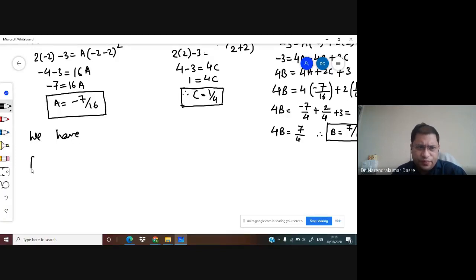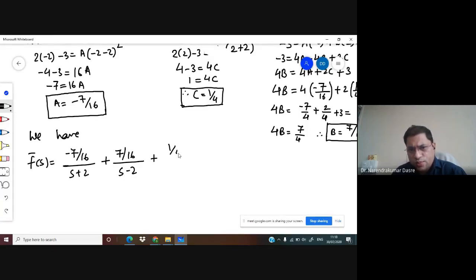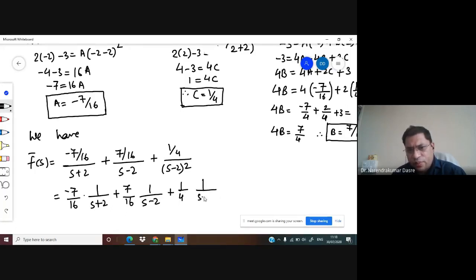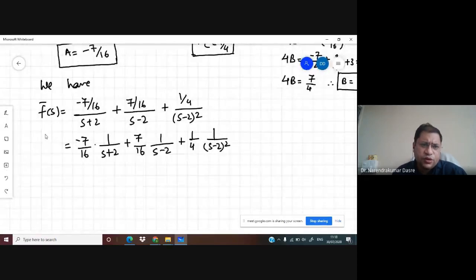So we have f bar of s is equal to minus 7 by 16 upon s plus 2, plus 7 by 16 upon s minus 2, plus 1 by 4 upon (s minus 2) square. So minus 7 by 16, 1 upon s plus 2, plus 7 by 16, 1 upon s minus 2, plus 1 by 4 upon (s minus 2) square. That's what we got.